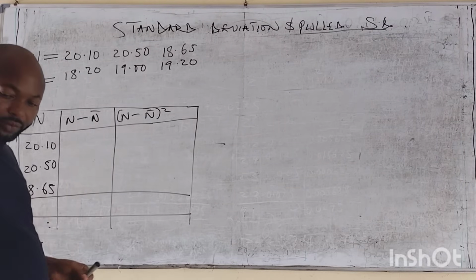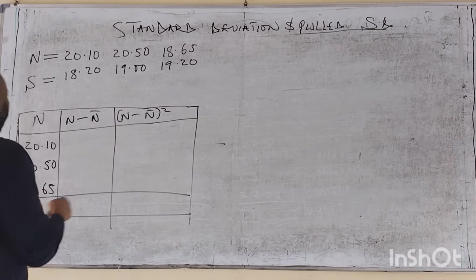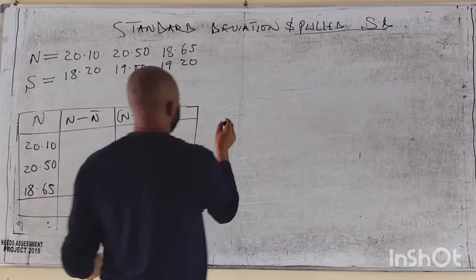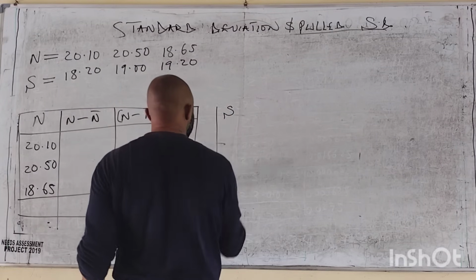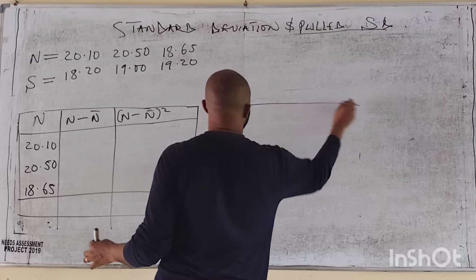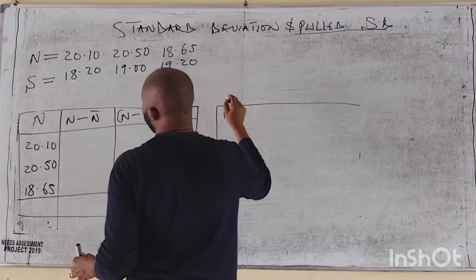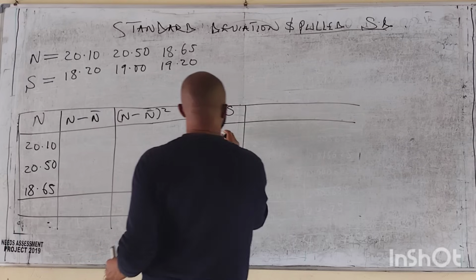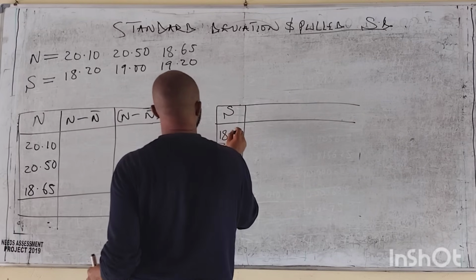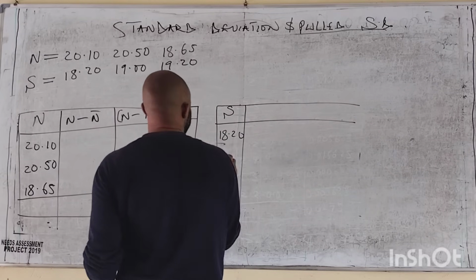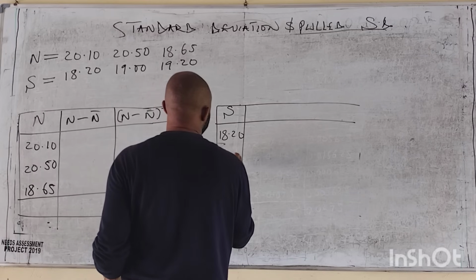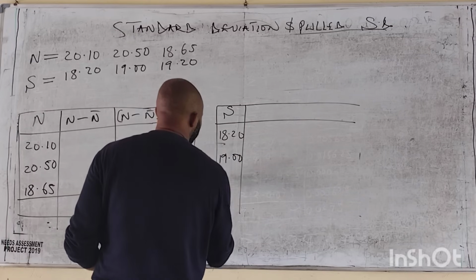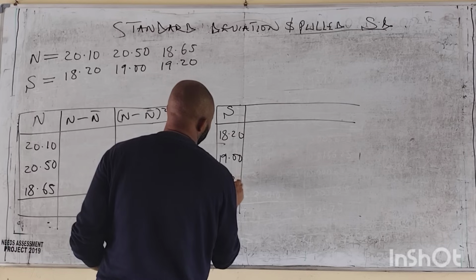Okay, and on our X side, we have X: 18.20, 19.00, 19.20.